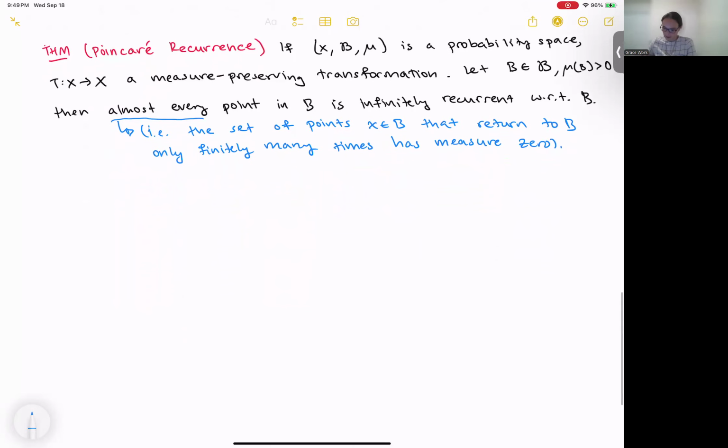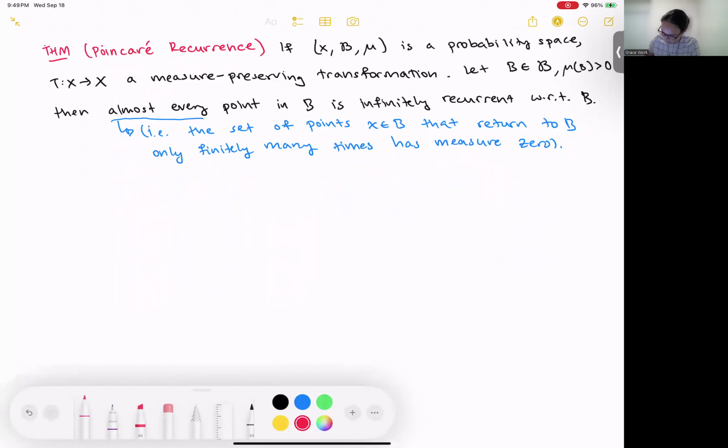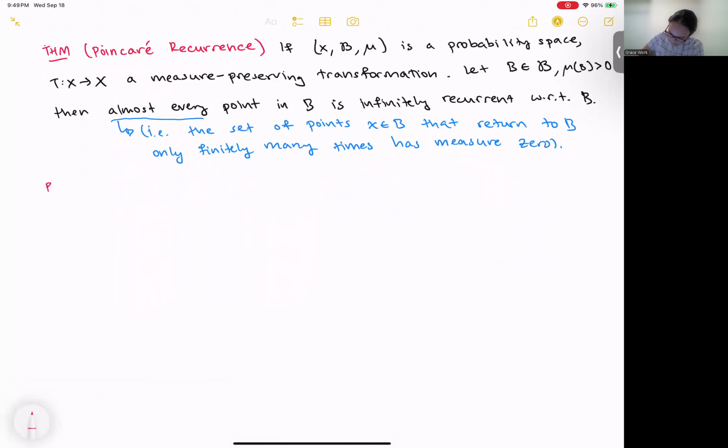Okay, so let's look at the proof of this statement and try to get a sense for why this might be true. So the main idea for this proof will be what's written in blue over there. Let's look at the set of points that return to B only finitely many times, and let's prove that it is a measure 0 set.